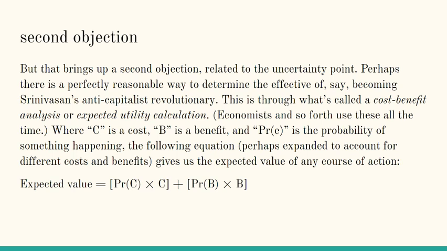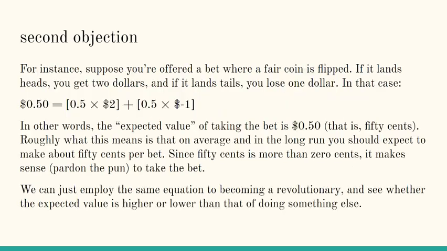You multiply the size of the cost by the probability of the cost. And then you take the possible benefits, and you multiply the size of the benefit by the probability of the benefit. I'm not going to quiz you on the specific math, I'm just explaining how this works, so you have an idea of what the suggestion is.